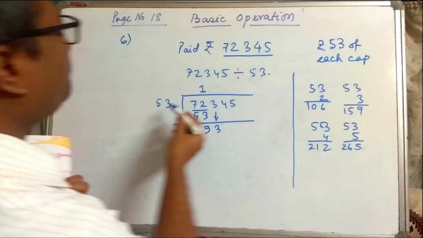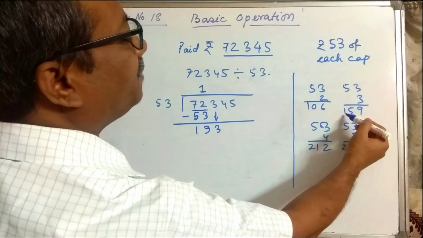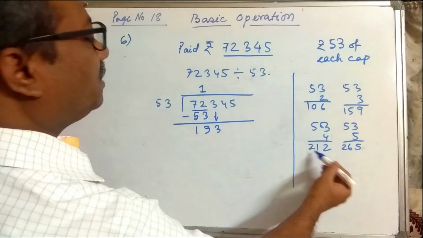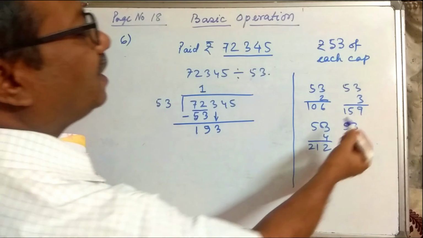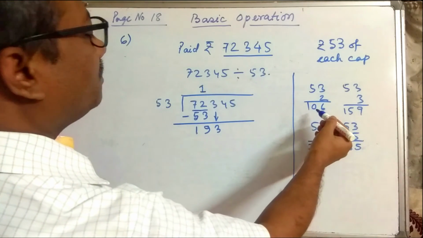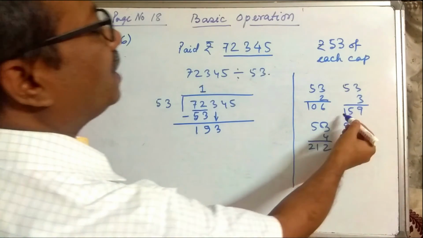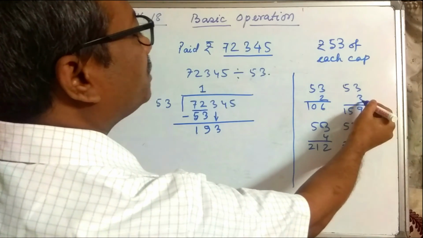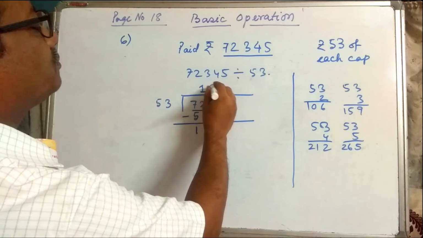If you multiply 53 with 3, it will give you 159. If you multiply by 4, 212. 212 is greater than 193, and 159 is smaller. So you will choose 3 as quotient.